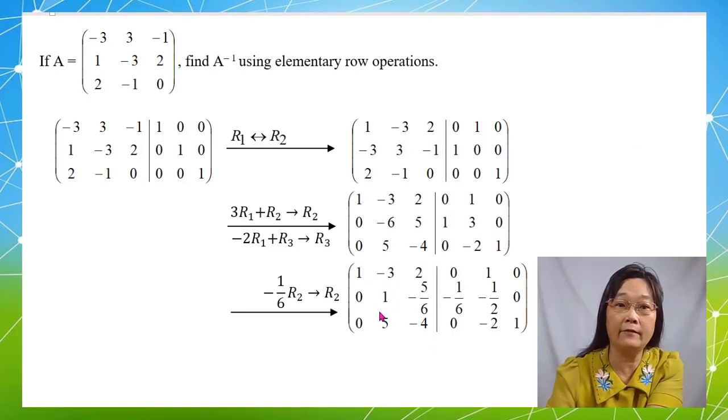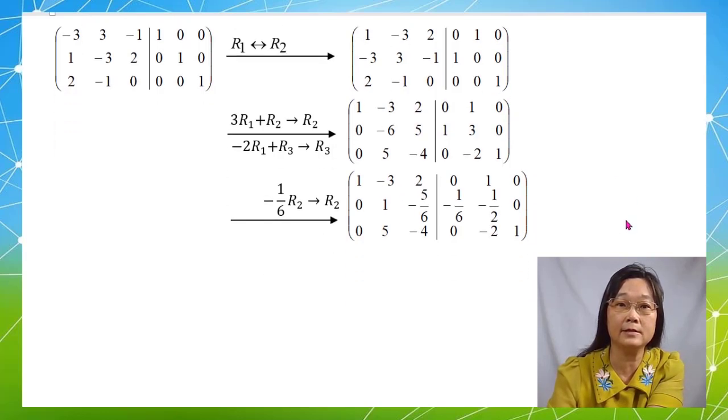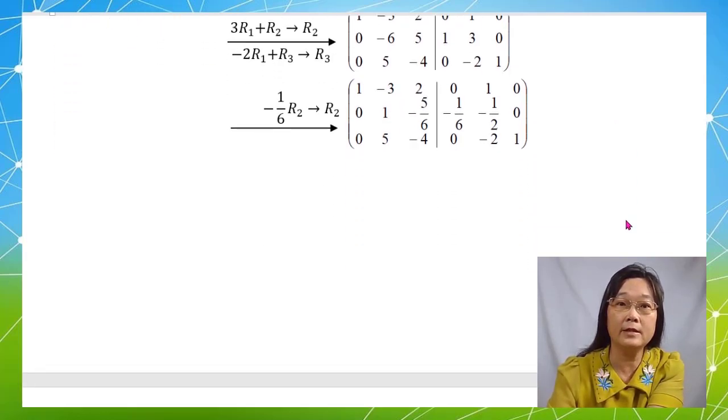Now once I have finished step 4, now I'm going to continue to step 5 and 6. So for step 5 and 6 means I'm going to change this negative 3 into 0 and also change this 5 into 0.